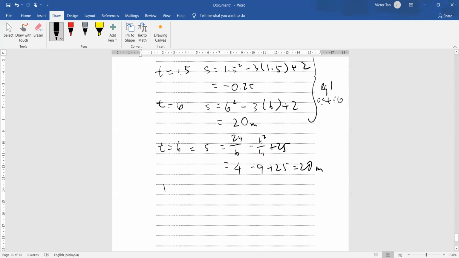So when t equals 10, s is 24 over 10 minus 10 squared over 4 plus 25. This is 2.4 minus 25 plus 25, so it equals 2.4. Now let's find out.